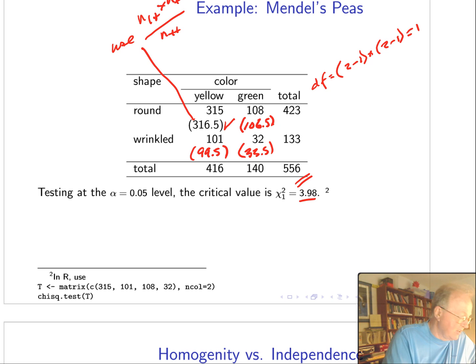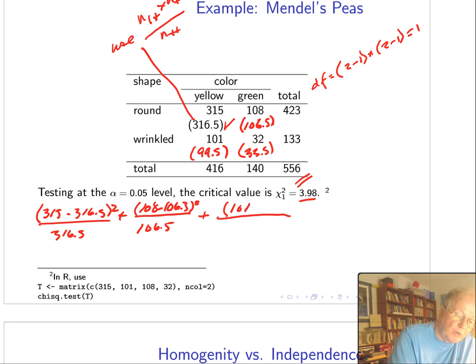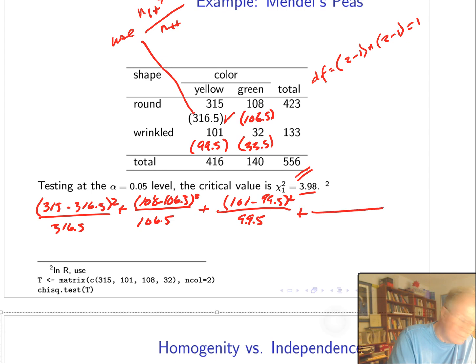So let's go ahead and calculate the test statistic. (315 minus 316.5) squared over 316.5, plus (108 minus 106.5) squared over 106.5, plus (101 minus 99.5) squared over 99.5, plus (32 minus 33.5) squared over 33.5.